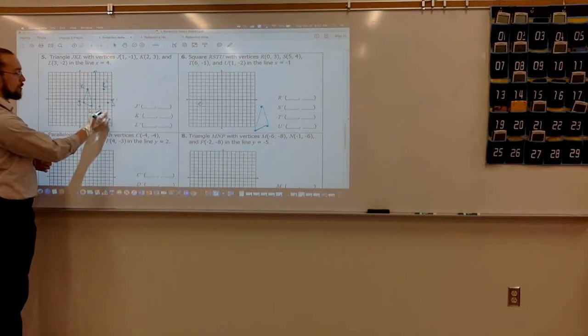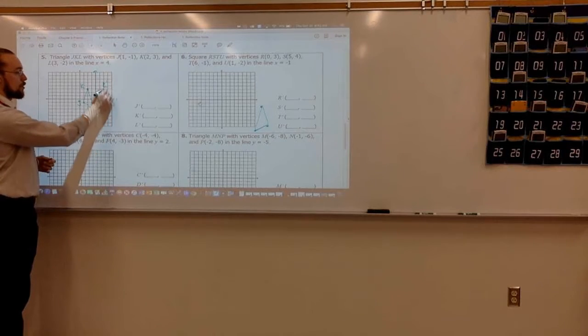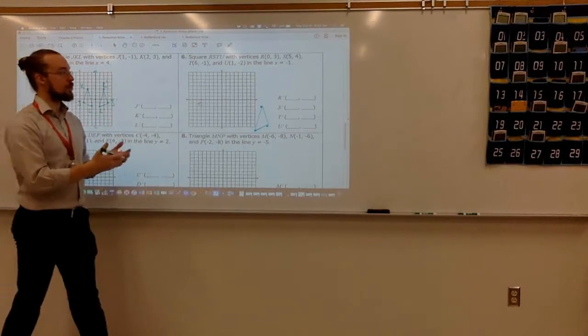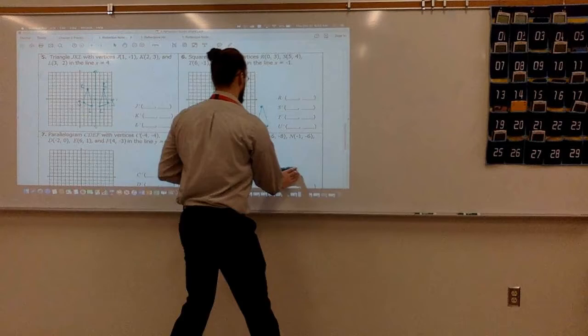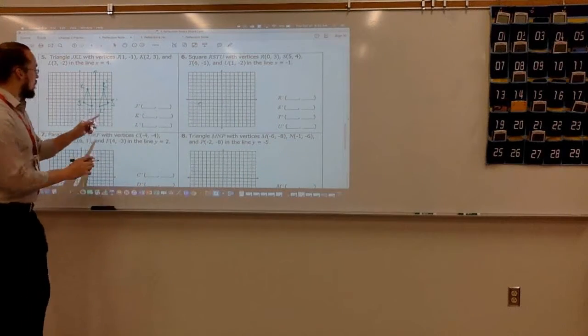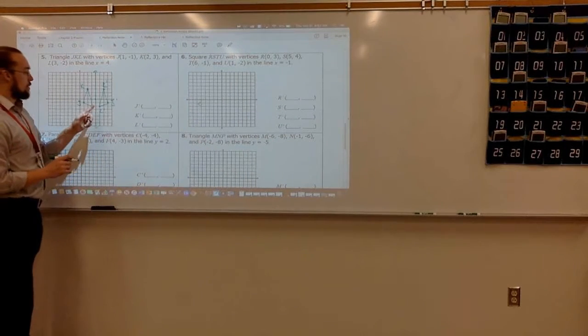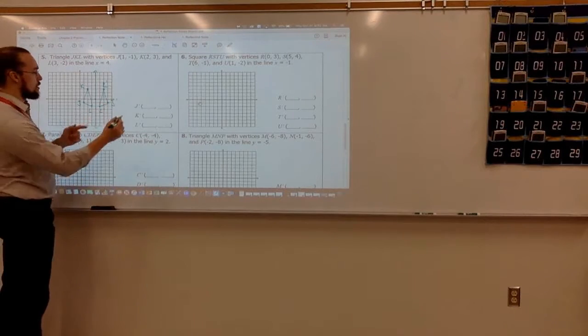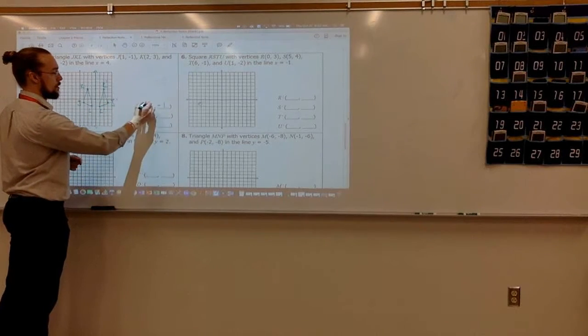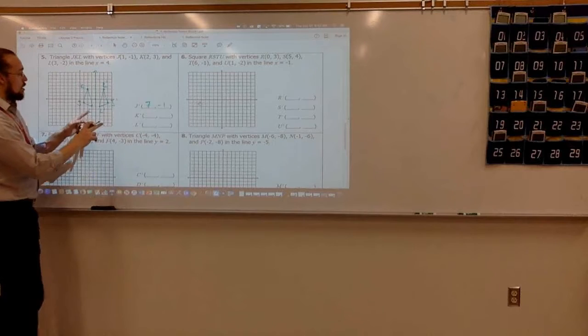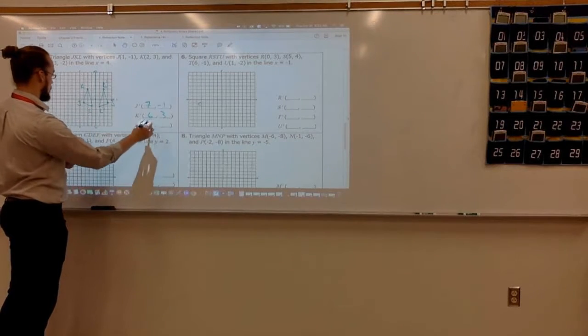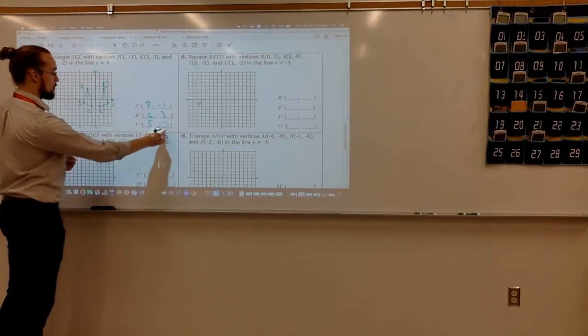So here is where my new triangle would be. So if we fill in those coordinate points, let's see, J prime is at (7, -1), then (6, 3), and (5, -2).